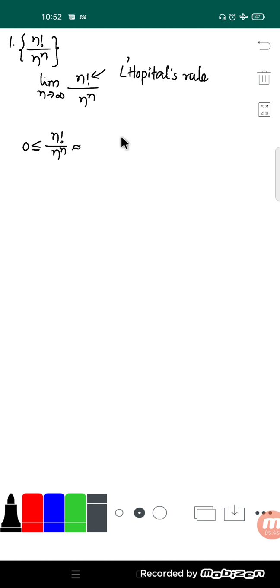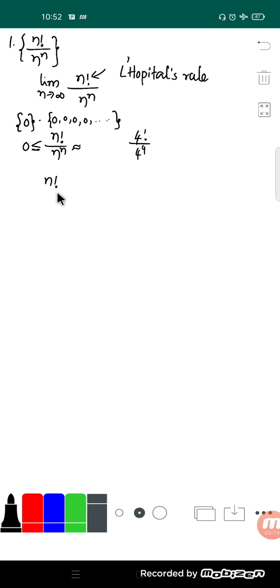Take 4 for n: 4 factorial by 4 to the power of 4 is never going to be 0. So we have found the sequence which is bounded below, that is the 0 sequence, a constant sequence. This is a sequence which contains only 0, 0, 0, 0. Such sequences are called constant sequences. This converges to 0 only.